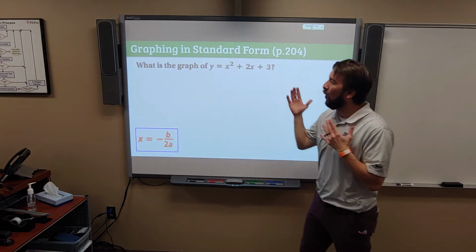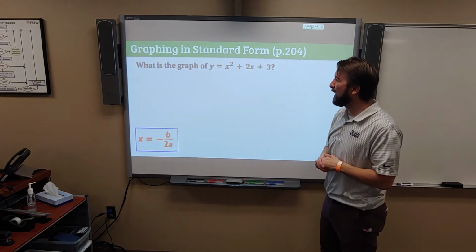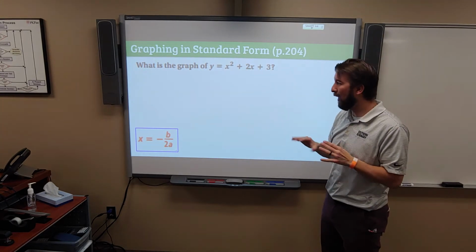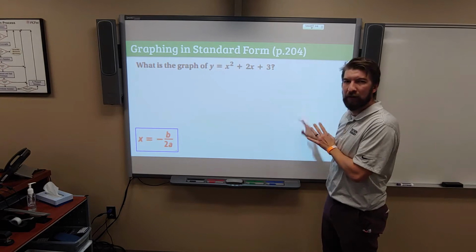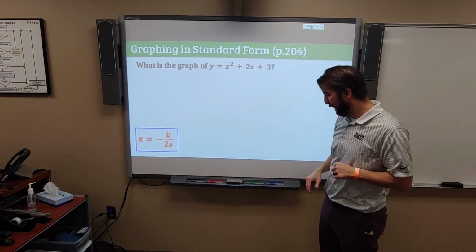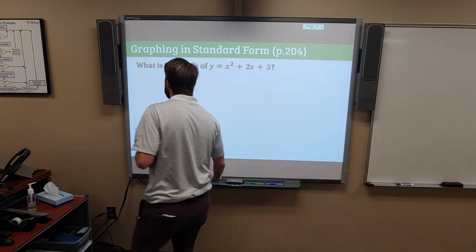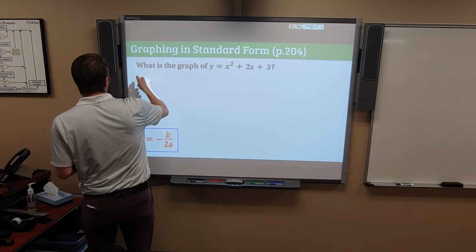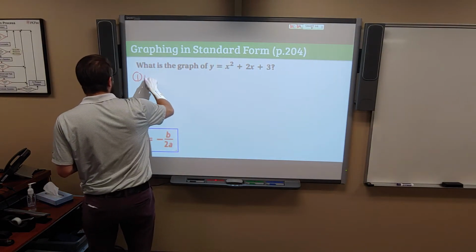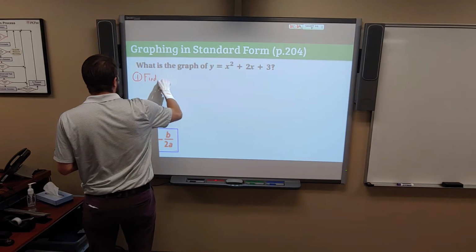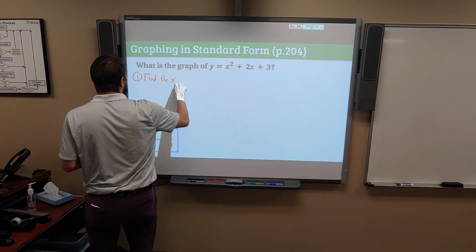So what is the graph of y equals x squared plus 2x plus 3? Well, before I even draw my graph, I need to find the vertex. So I'm going to label these steps. Find the x.